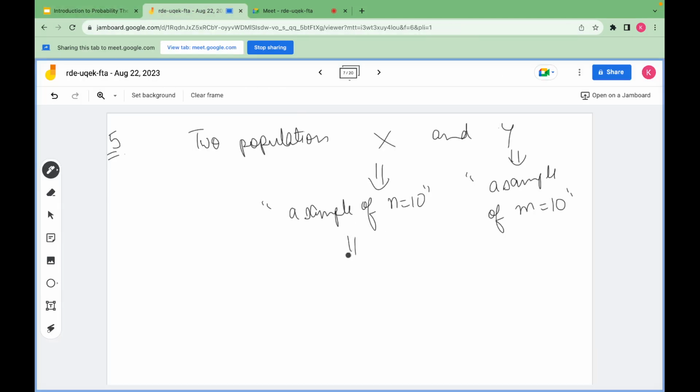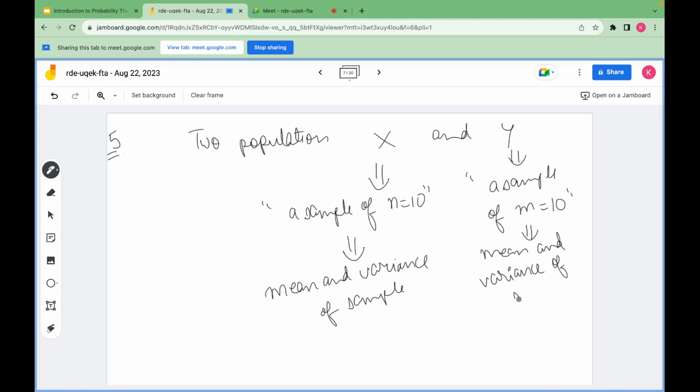We observed the mean and variance of the sample.